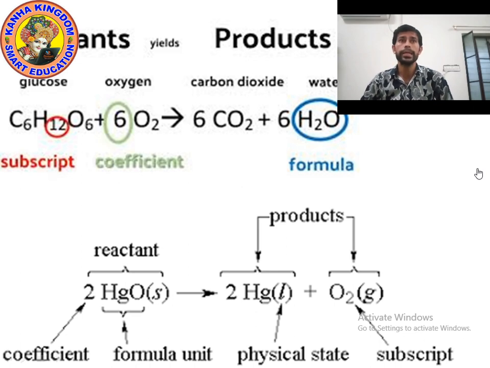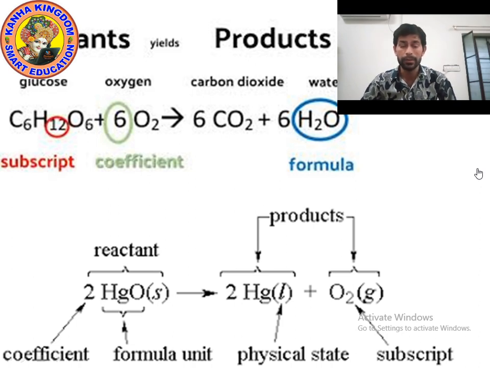Okay, so can you tell me, in the formula of glucose, C6H12O6, how many atoms of carbon are present? 6. Yes, C6. 6 is a subscript. And how many atoms of hydrogen are present? 12. Yes, 12 is a subscript.